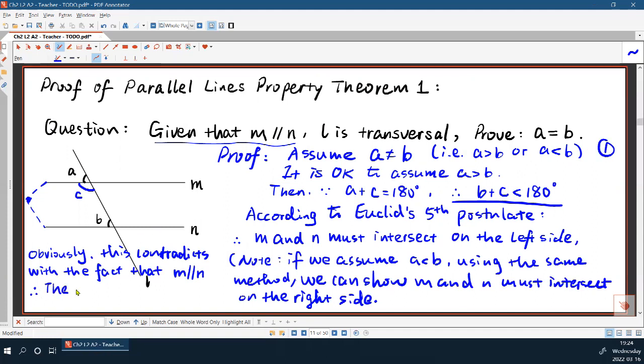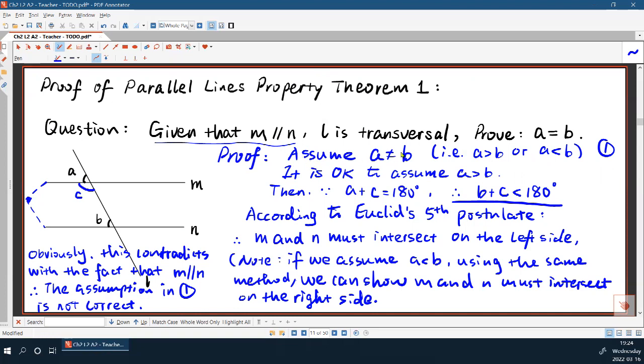Therefore, the assumption in 1 is not correct. That means the opposite should be correct, right?